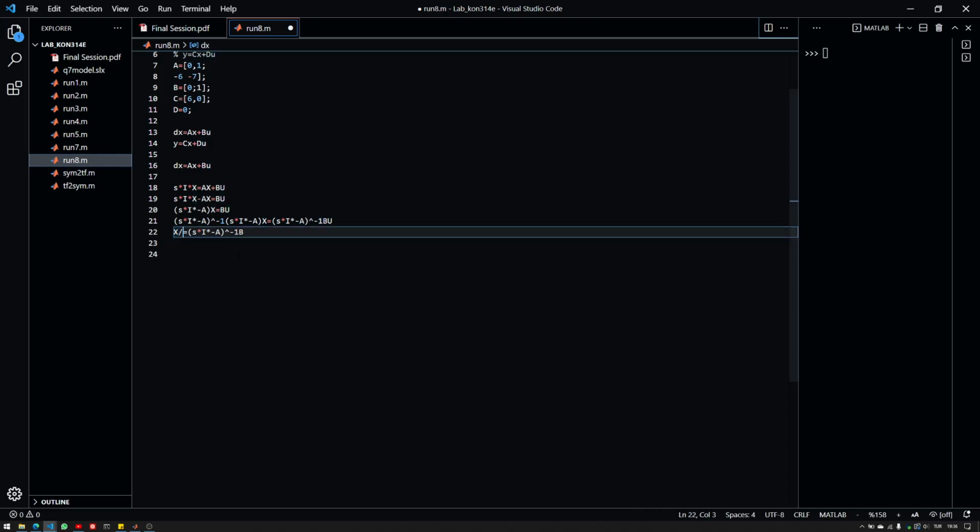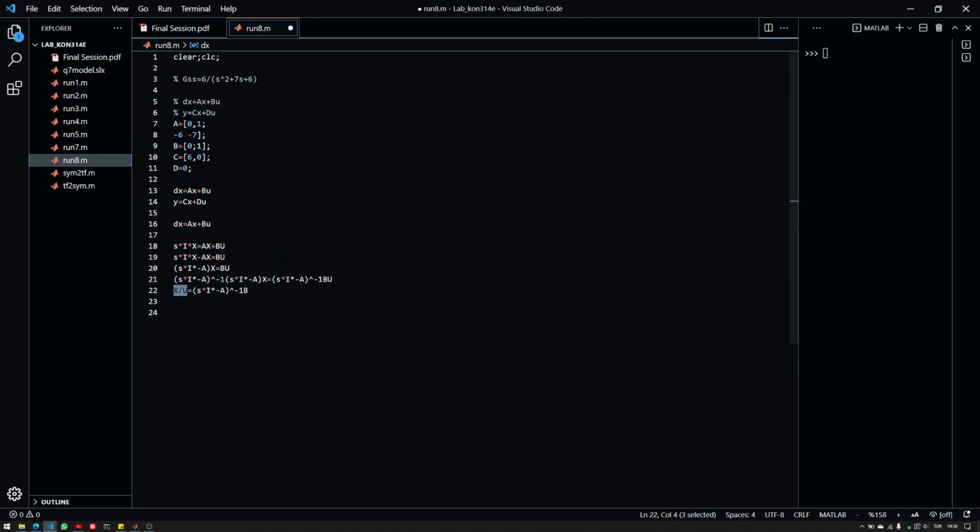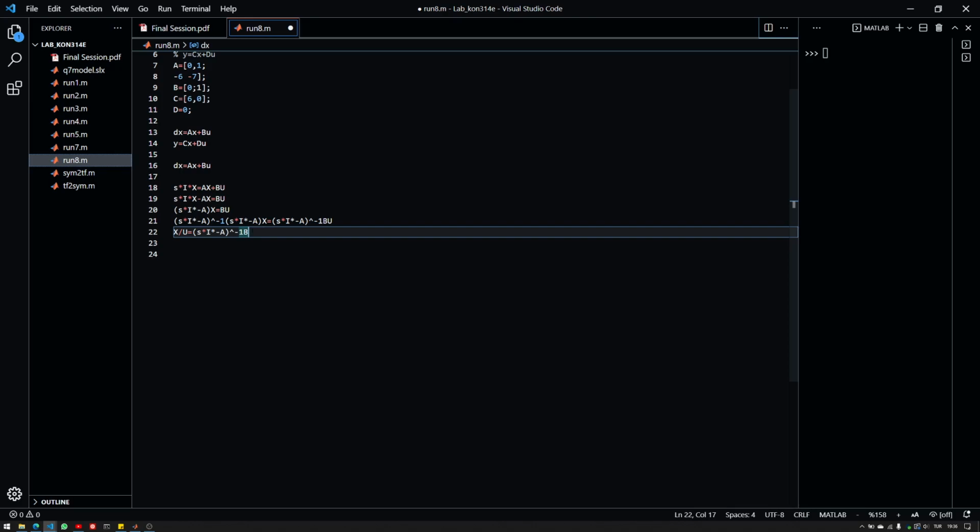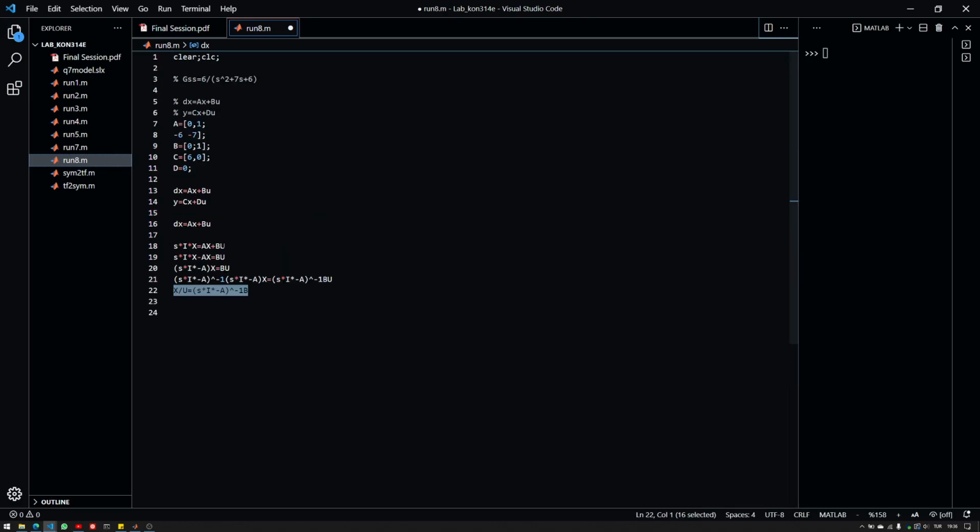So I kind of worked out the x divided by u. If you remember, I started by using 1 divided by the denominator, and I defined that as the transfer function between x and u. So I'm doing the same here. Now we're good to go with this part. We're done with this part.